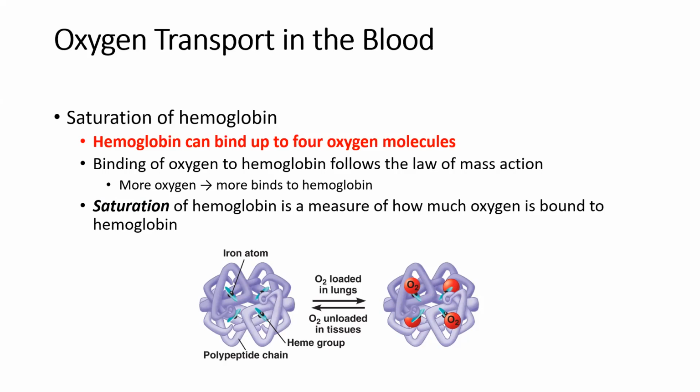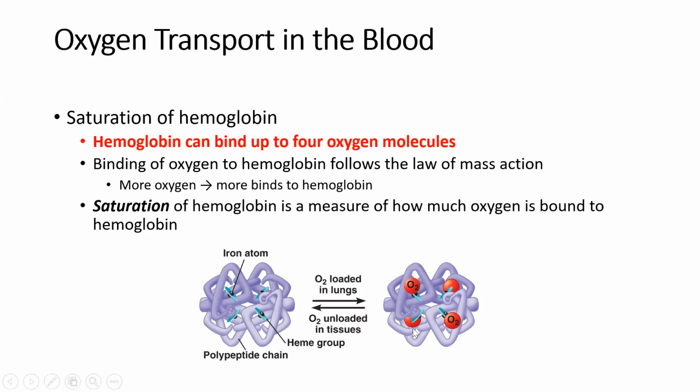If we've got more substrate or more reactants present, we're going to drive the reaction towards product. If we have more product present, we're going to drive the reaction towards substrate or towards reactants, okay? And on that basis, we could think about saturation as being how many oxygen molecules are bound onto that hemoglobin of the 4 that it can ultimately bind.